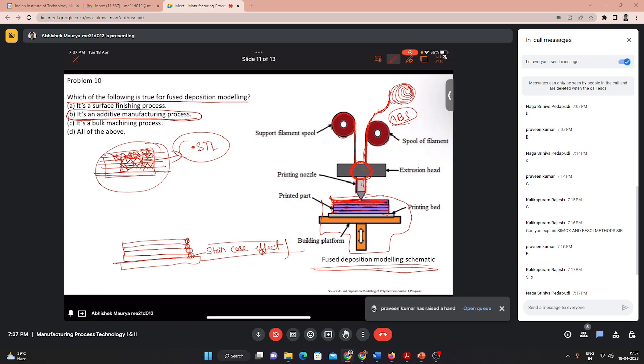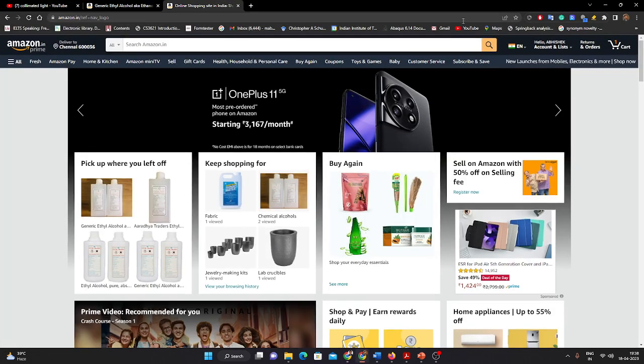So how will I know whether it was corrected or not? I have not got any email from the NPTEL site. I will open the solution also.